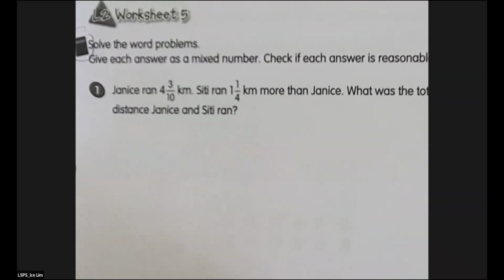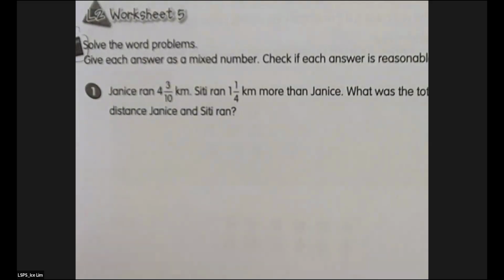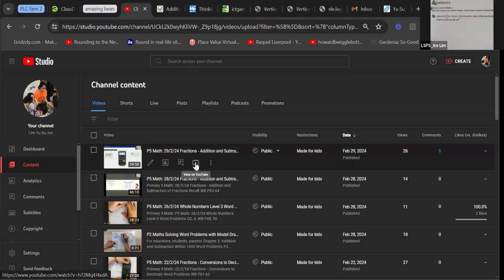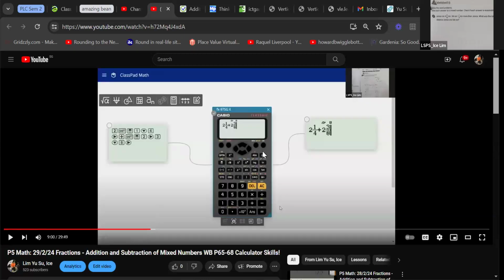Previously I showed you an example using the electronic calculator. So really, if you are still not very sure how to use the calculator, please go back, take a look at the video, and then try pressing the calculator with you.